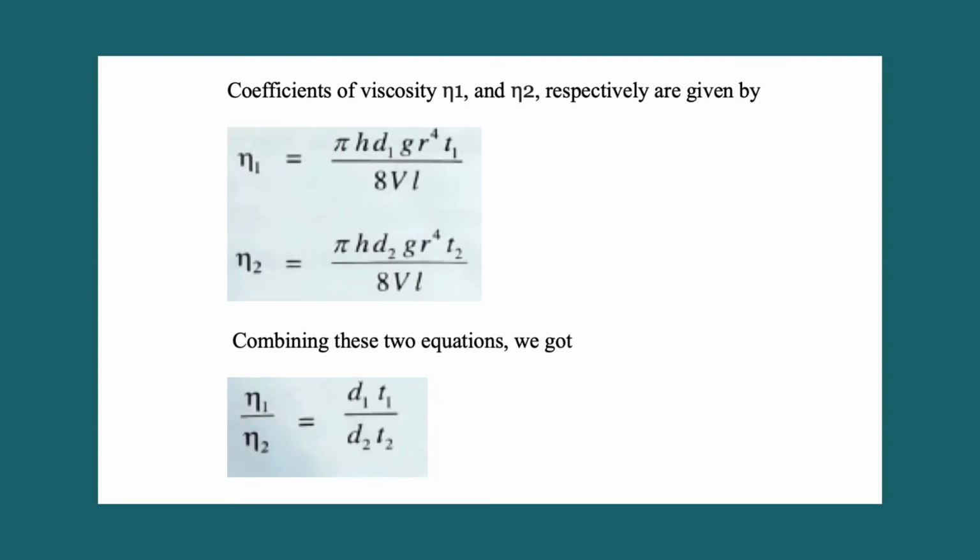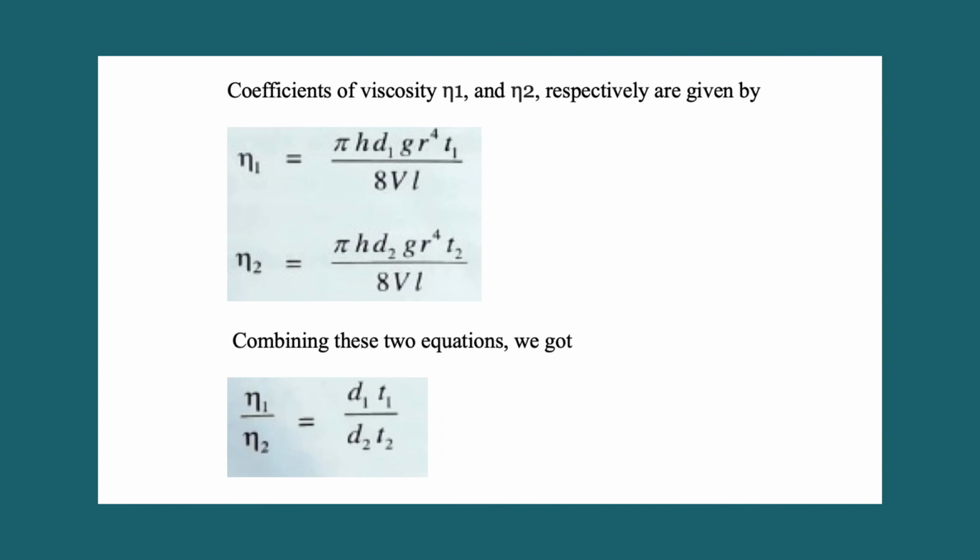Then the coefficients of viscosity eta 1 and eta 2 are given by eta 1 equals pi h d1 g r raised to 4 T1 divided by 8VL and eta 2 equals pi h d2 g r raised to 4 T2 all divided by 8VL.